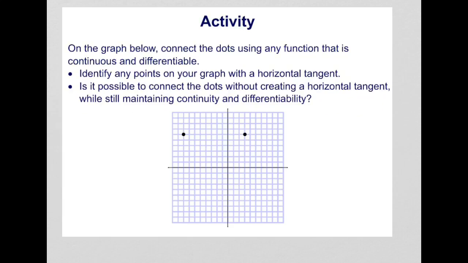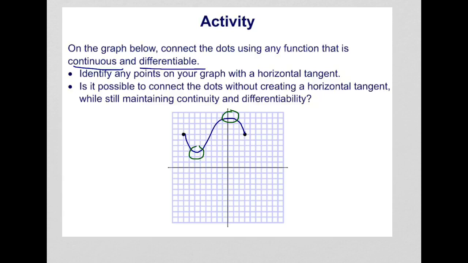So on your paper, on the graph, try to connect the dots using any function that is both continuous, which means there's no breaks, and differentiable. So no corners, cusps, jumps, anything like that. If you do that, no matter what you do, you're going to have somewhere on your graph where you end up with horizontal tangents.